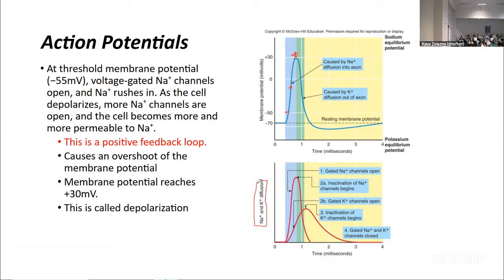This is the permeability information pulled out from the combo picture we had before. Our sodium channels opened and sodium moves in, and the inactivation happens later and is what starts off this big drop.